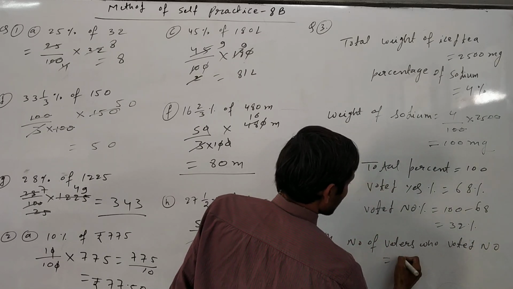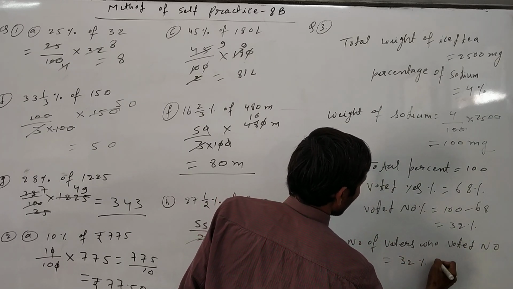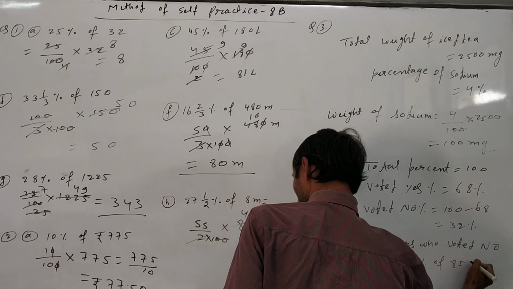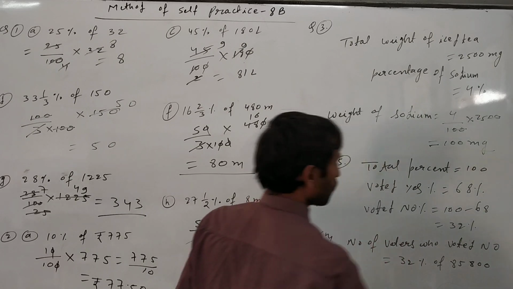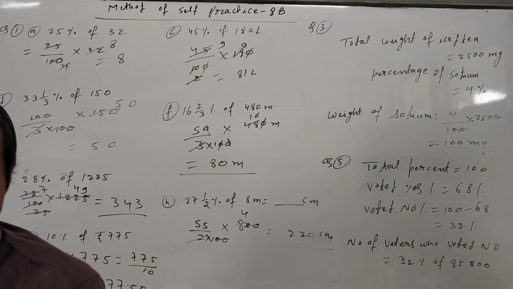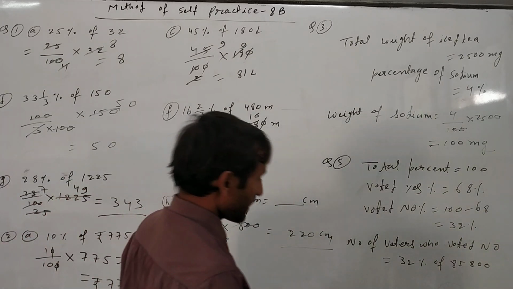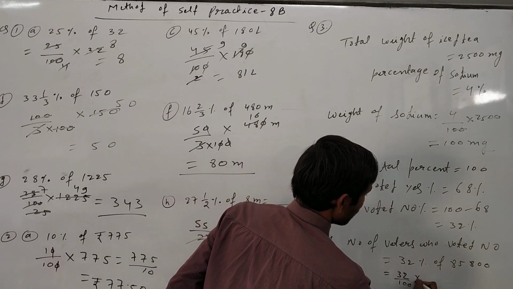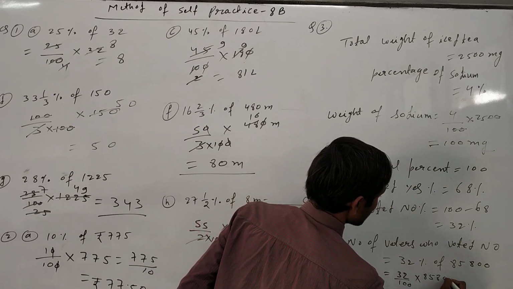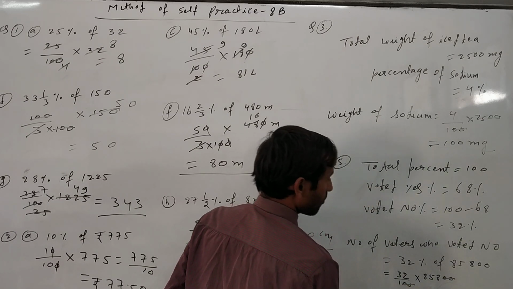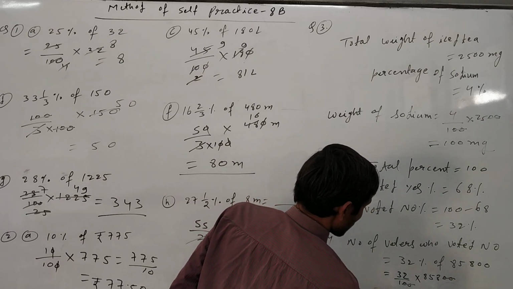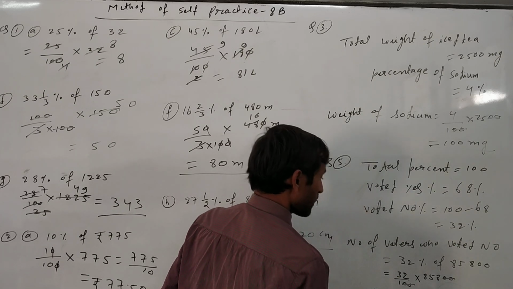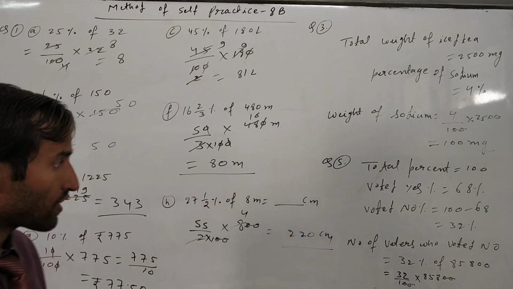For that, 32% of 85,800. So again we will do like this only. Remove the percent, 32/100 will come. 32/100, of means multiply 85800, 100 will cancel out. Now we will multiply here 32 into 858. Then how much will it come? Just multiply and you will get the answer.